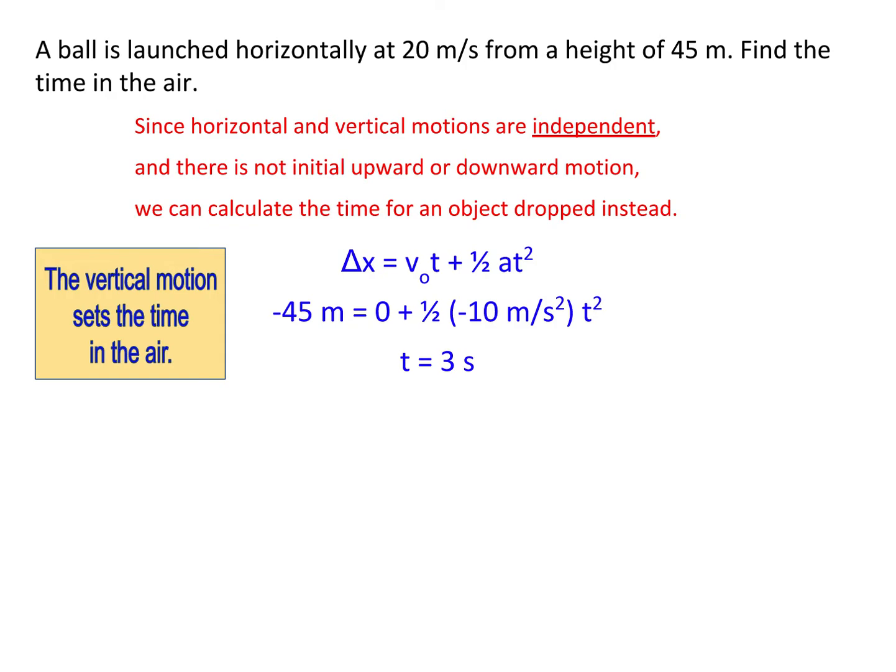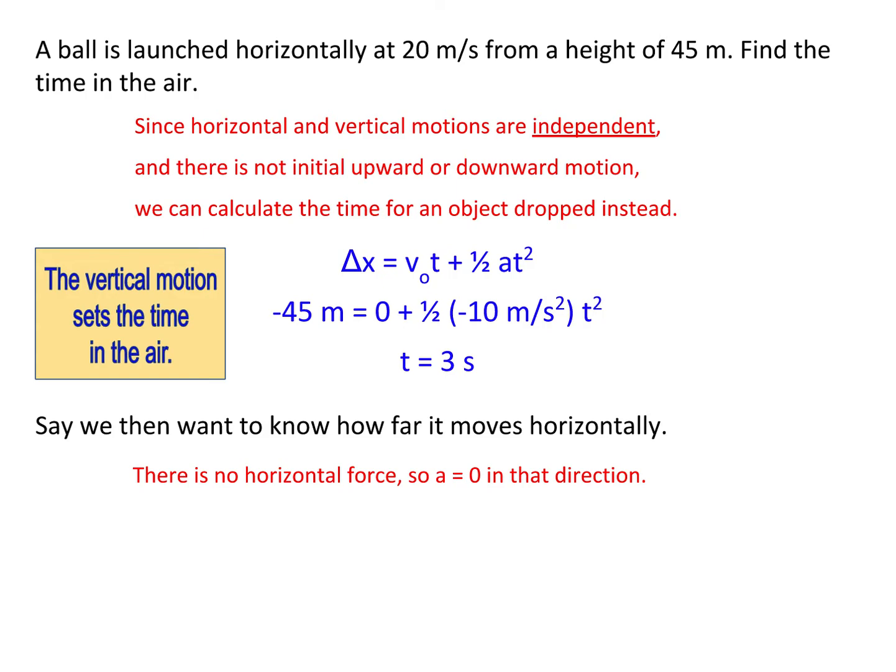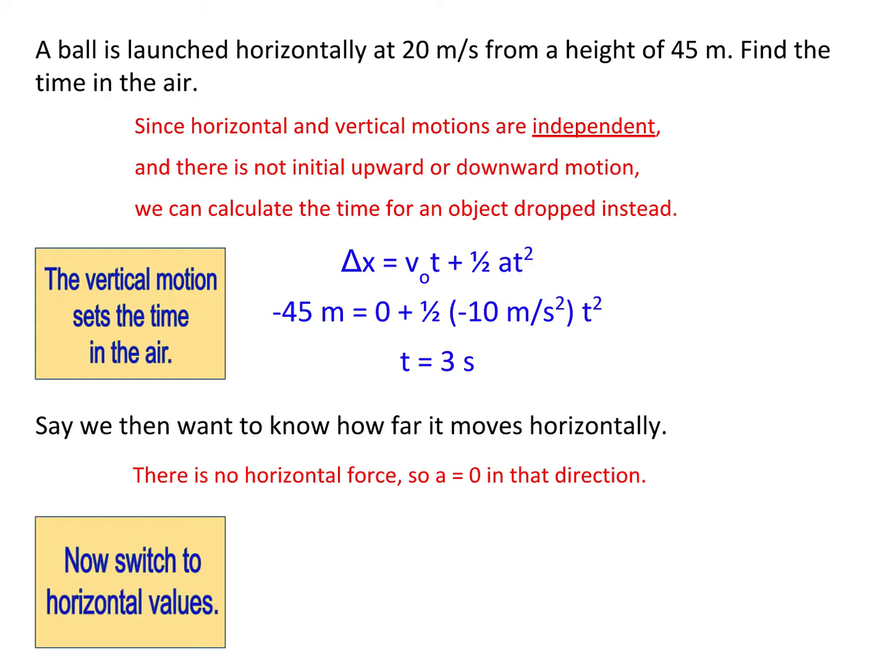As it's doing that, it is also moving horizontally. And so we could add a little bit more to the question, and we could find out how far it moves horizontally, completely independent of what it did vertically, except that the time is the same for both parts of the motion. So we'll use the same equation that we did before, except that we'll use our acceleration as 0, because we're now switching to horizontal values instead of dealing with the vertical ones.